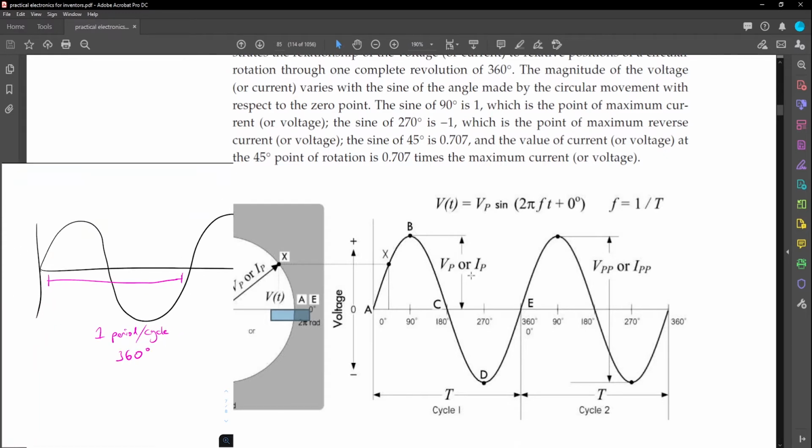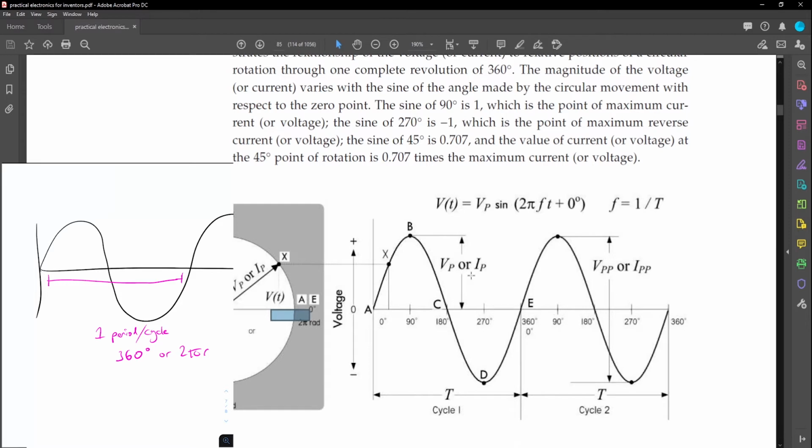So this whole thing here is 360 degrees, or 2 pi. Does it have to radians as well? 360 degrees is 2 pi radians.